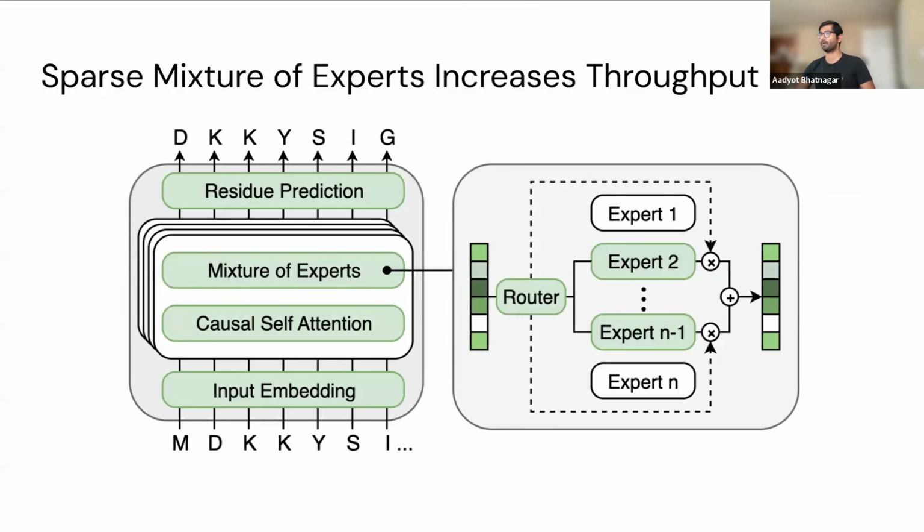The next component that we modify is the feed-forward network of ProGen3, and we replace it with what's called a sparse mixture of experts. So the way this works is that in a single MoE layer, we have a bunch of different experts, each of which is just an FFN. Practically speaking, we might have like 8 different experts in this network.